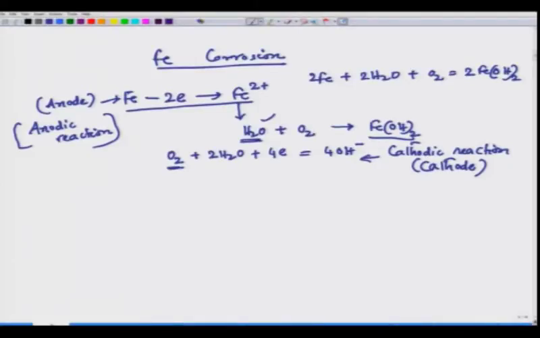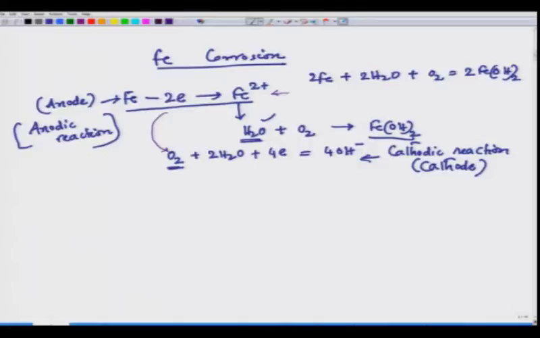We have also given the example of iron corrosion in atmosphere, and if I go back and try to see that slide, you see that iron is going to iron plus 2 ion, electrons are released, and these electrons are taken by the cathodic reaction, which is oxygen plus 2 H2O plus 4 e equal to 4 OH minus.